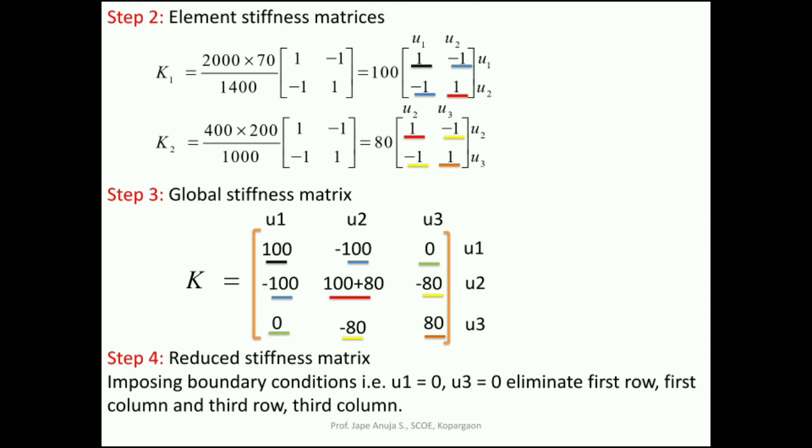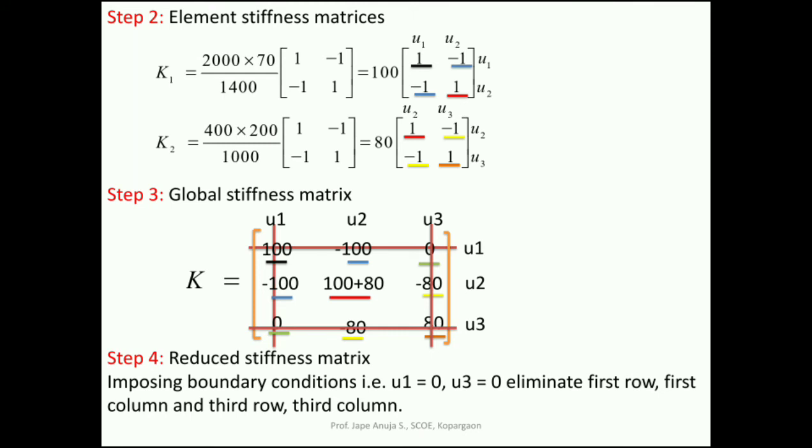Imposing this condition on the global stiffness matrix means eliminating the first row and first column associated with u1, and similarly the column and row associated with u3, that is the third row and third column. So eliminate that. Here the u1 and u3 rows and columns are eliminated.